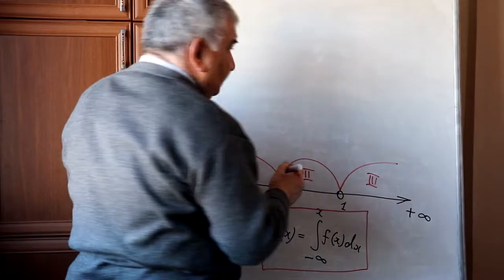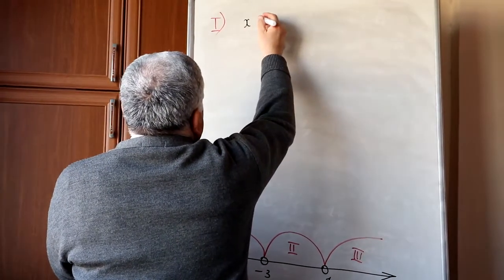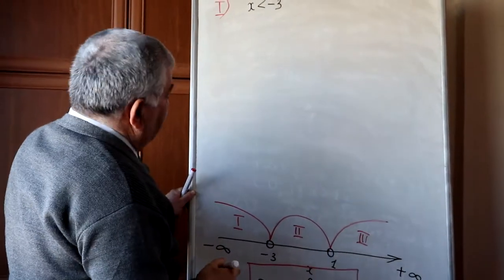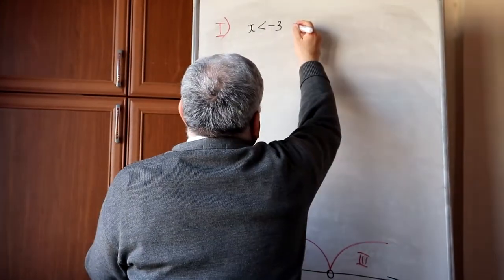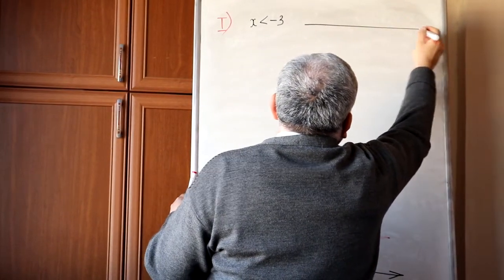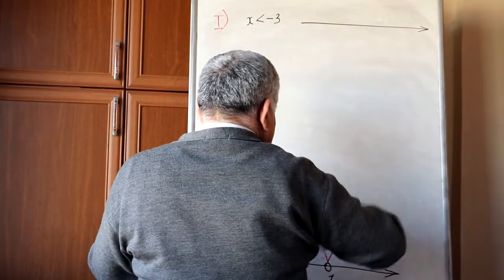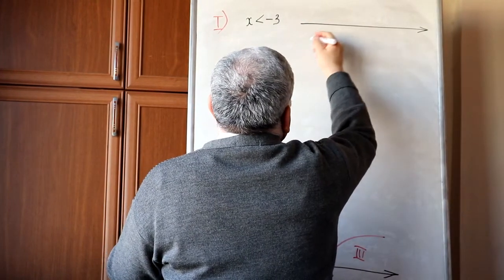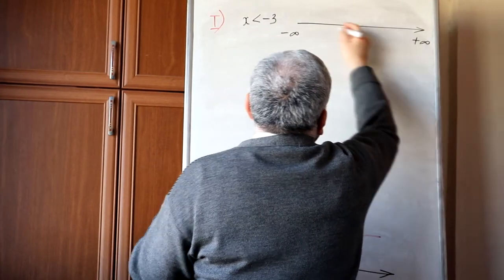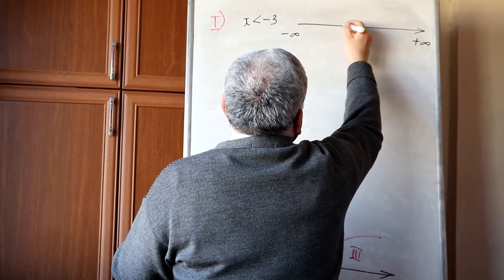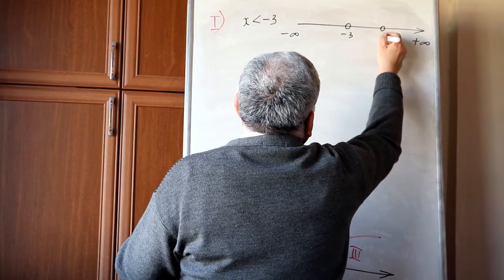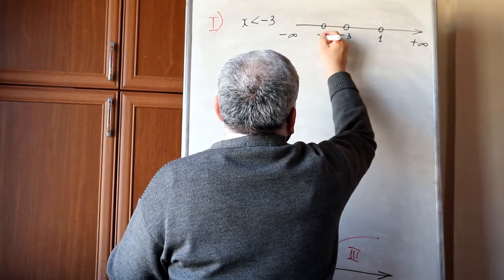In the first interval, x is less than -3. Rewrite the intervals from -infinity to plus infinity, minus 3, 1, and here x.